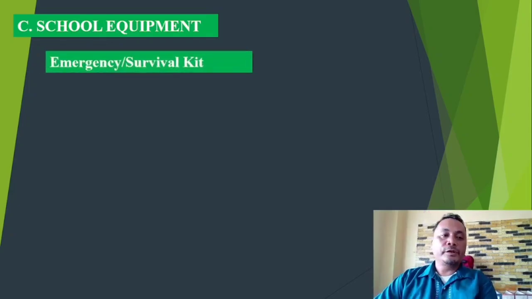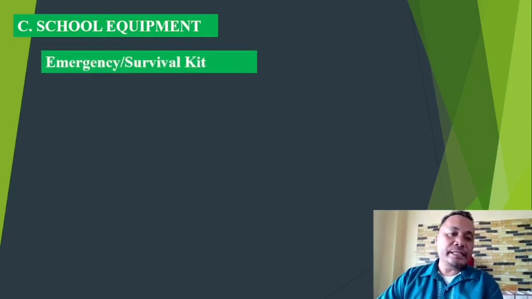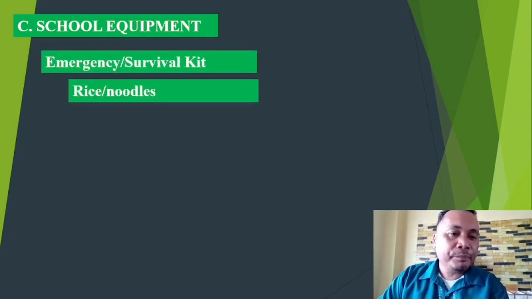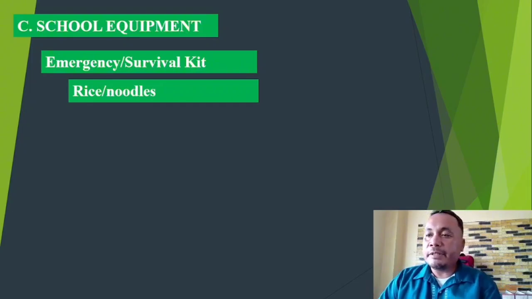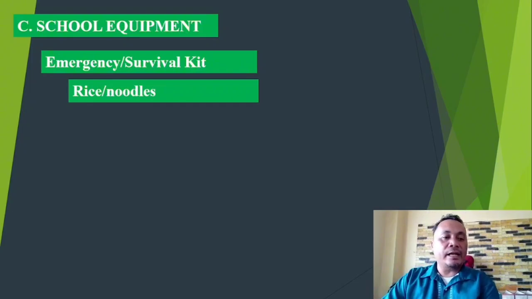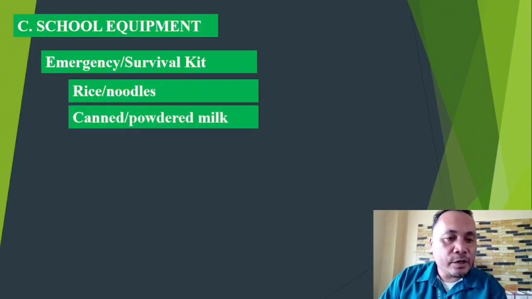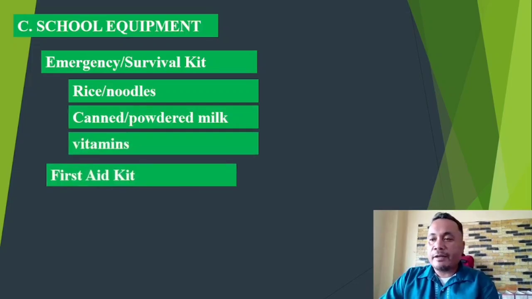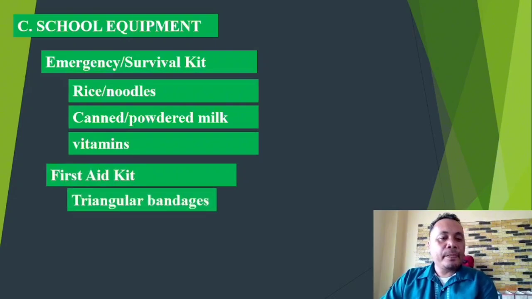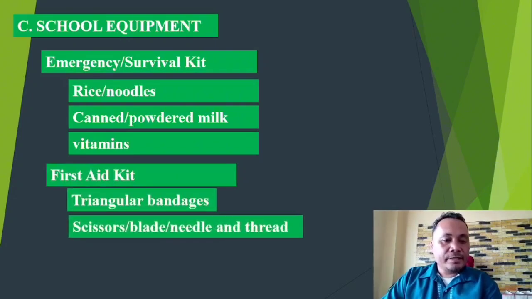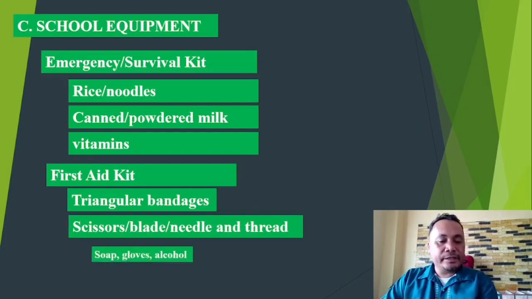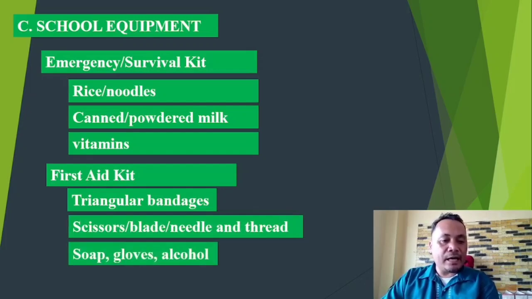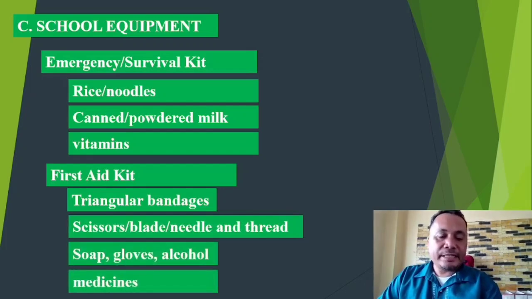Okay, so we have here the emergency survival kit. In the emergency survival kit, makita diha ang rice, noodles, canned powdered milk, vitamins, first aid, and also in first aid kit, unsay na diha triangular bandage, scissor, blade, needle and thread, soap, gloves, alcohol, and medicine.